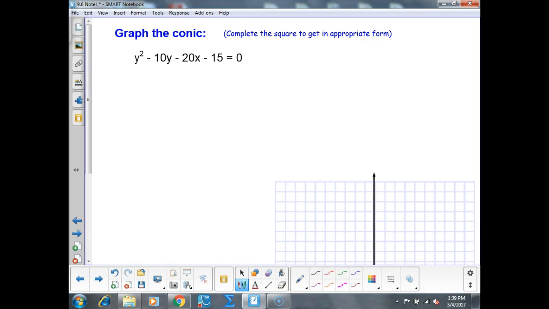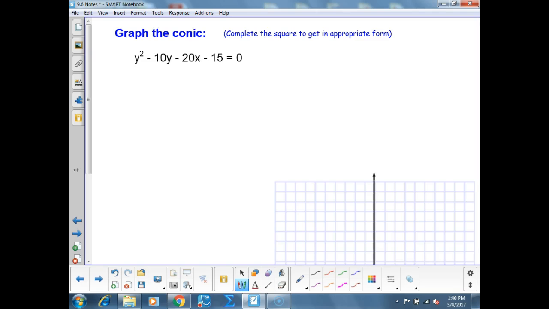All right. What would you do first? Add 15 to the other side. How are you going to spread it out? Keep the y's on the left side, right? But what are you going to do with the x and the number? Move it over. Because what shape is this? It's a parabola. Okay?